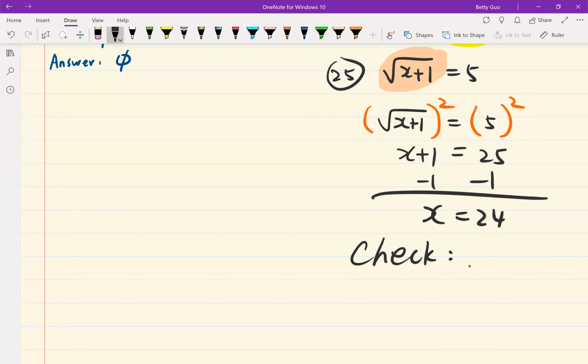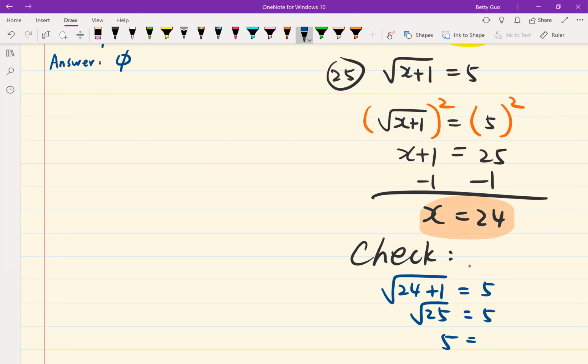We need to remember to bring the proposed solution back into the original equation to see if it is satisfied. So we plug in: square root of 24 plus 1 equals 5. Square root of 25, 5 equals 5. Yeah, turns out 24 is the actual solution.